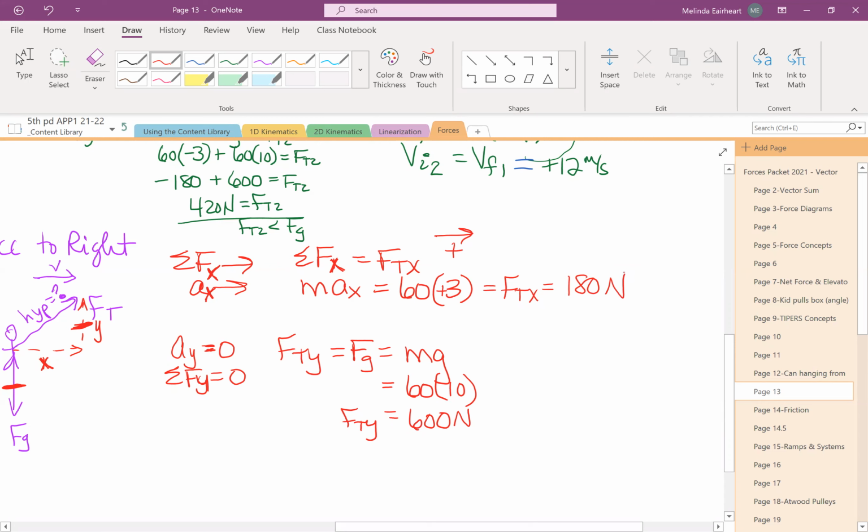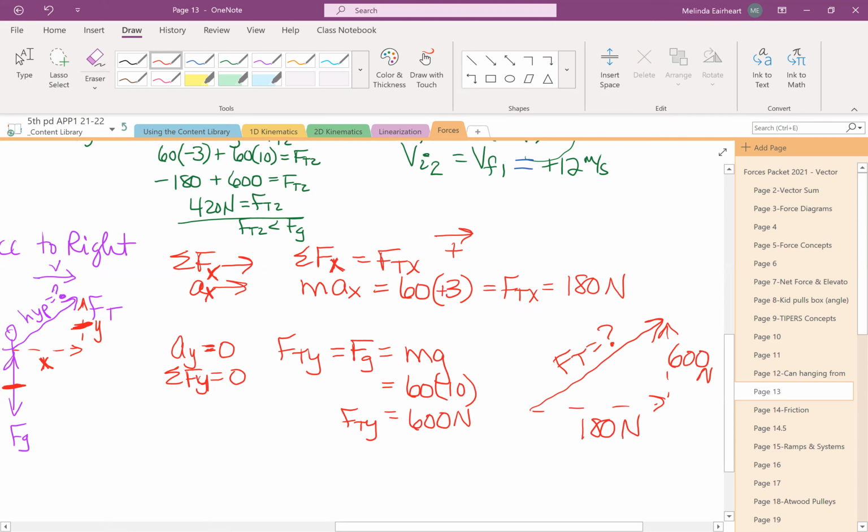And so now if we focus, I'm going to zoom in or draw a little bit bigger, that tension force that we're looking for. Without knowing the angle, we know that the vertical component is 180. Oh, no, I got it backwards. Horizontal is 180, so not drawn to scale.